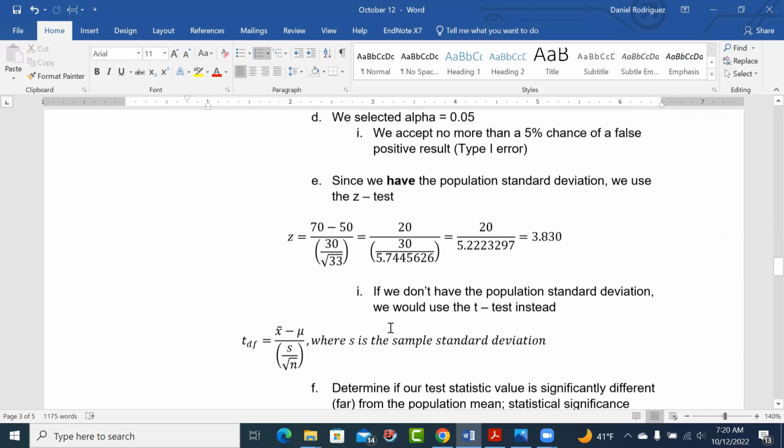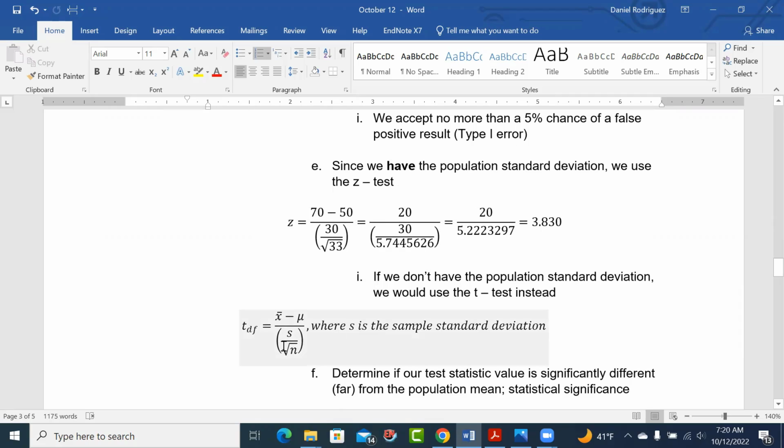Now, there are times when we don't have a population standard deviation. In that case, we use something called the t-test. In the t-test, we use the sample standard deviation instead of the population standard deviation. We know from what I've discussed before, the sample standard deviation is an unbiased estimate of the population standard deviation, or you can do variance, whatever you want.